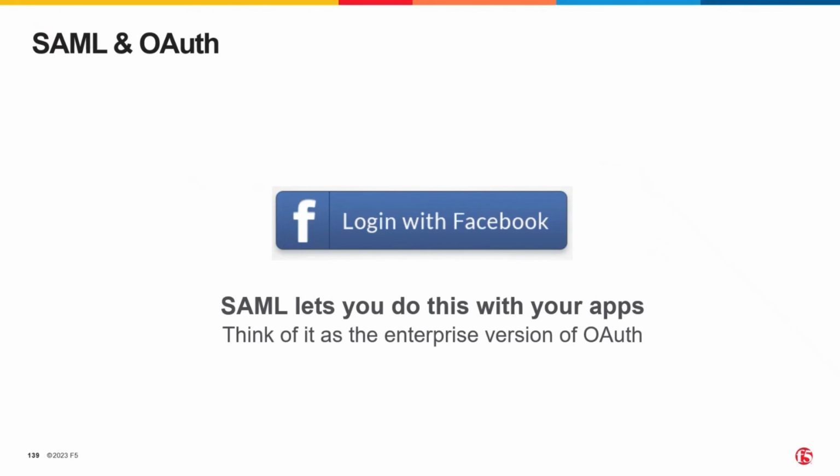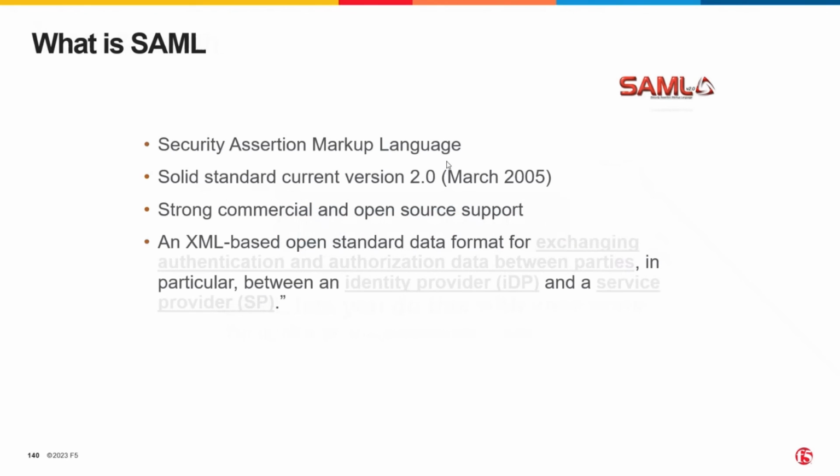I'm sure you have seen plenty of times a situation where you're trying to log on to a specific application, but from a different service, like login with Facebook, login with Google, login with Microsoft, or whatever it is, right? So you can use a different account on a different service to authorize the access to a specific application.